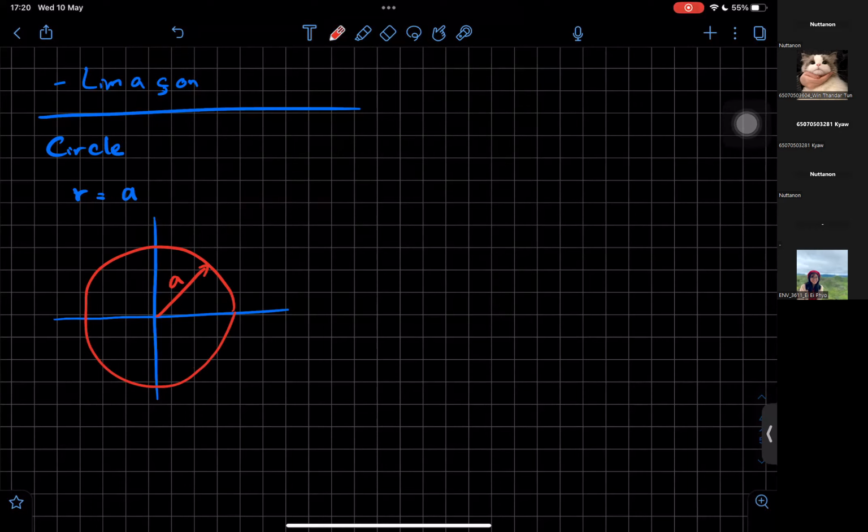And you have another type of circle like r equal to a sine theta, and also r equal to a cos theta.